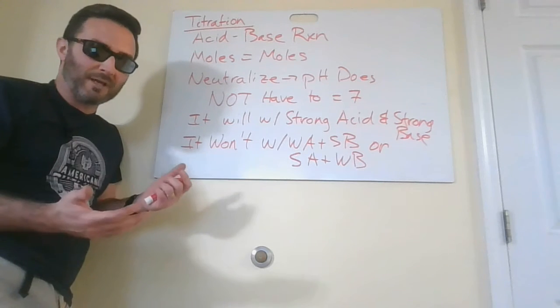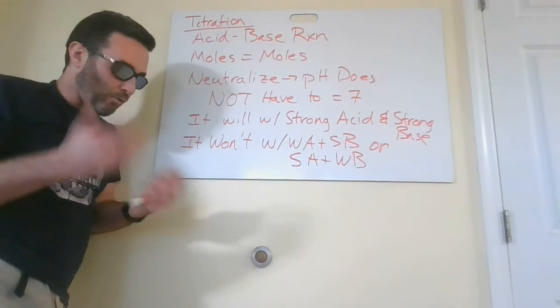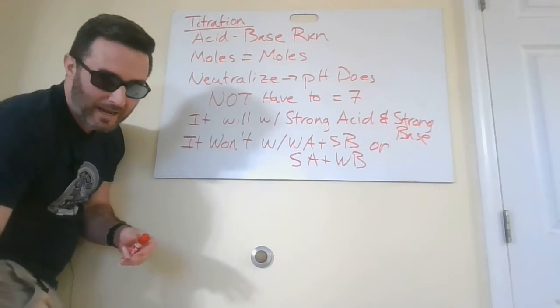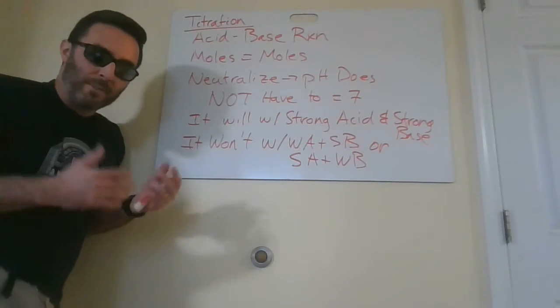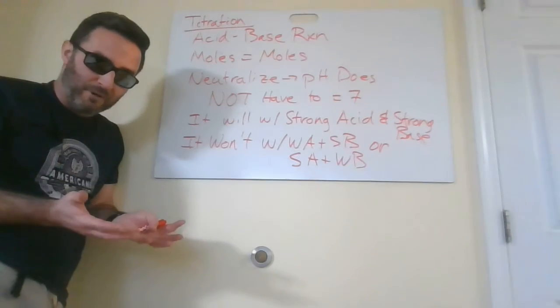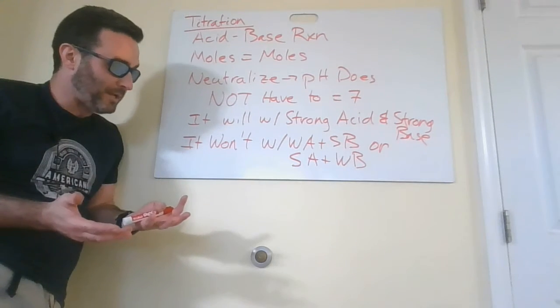And so you mix them together and you use an indicator, or you might have a pH probe, but you have some way of telling when the reaction is perfectly mixed so that all of your acid has knocked out all of your base.